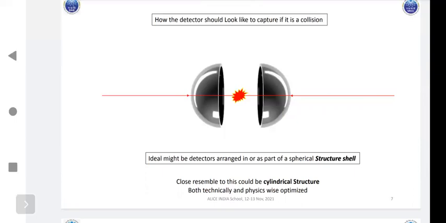There they will collide, and depending on the amount of energy available, a lot of particles will come from there, moving in any direction, any 4 pi direction. So what should be the ideal configuration for the detector stack of the complex experiment? You can imagine it should be a spherical cell.